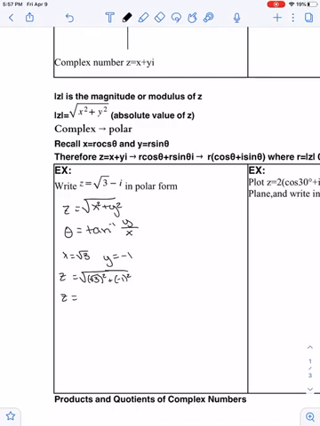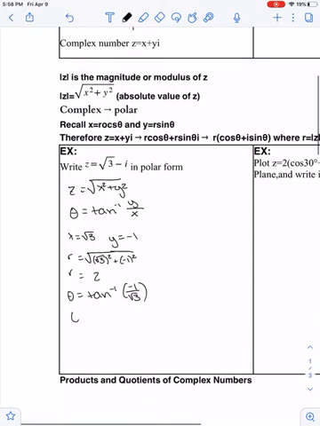After simplifying that, we get that z, or r, equals 2. Next, we have theta equals the tan inverse of negative 1 over square root 3. Plugging that into our calculator, we get theta equals 11 pi over 6.